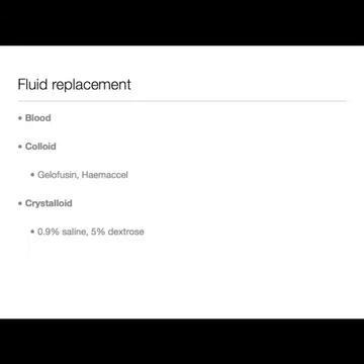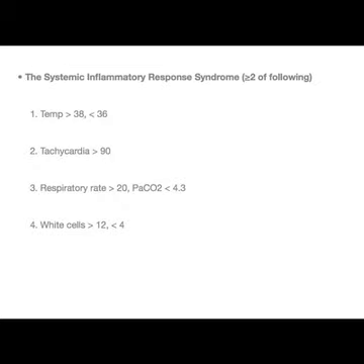I'm now going to move on to talk very briefly about some specific treatment strategies for a number of the causes of shock. Septic shock technically is defined as the systemic inflammatory response syndrome accompanied by shock, hypotension. Systemic inflammatory response syndrome is greater than or equal to 2 of the following 4 indices.